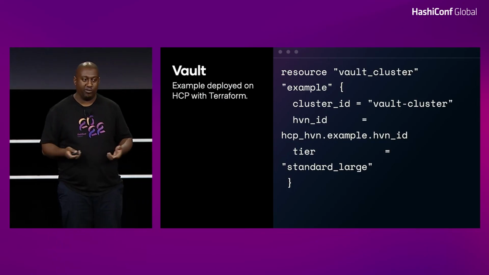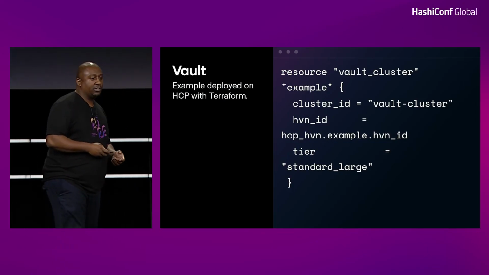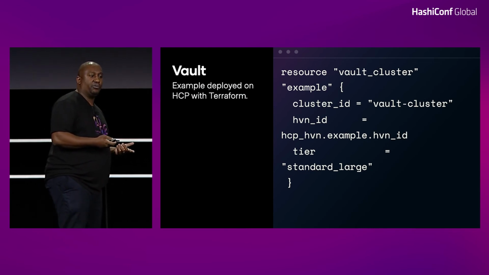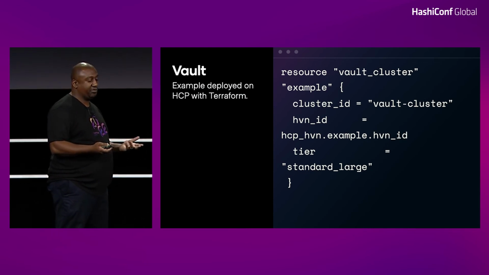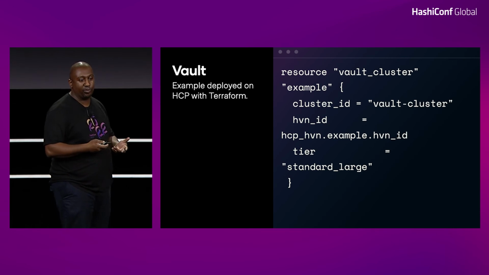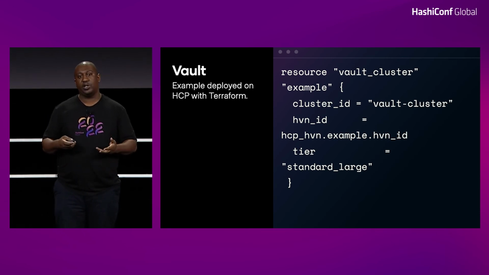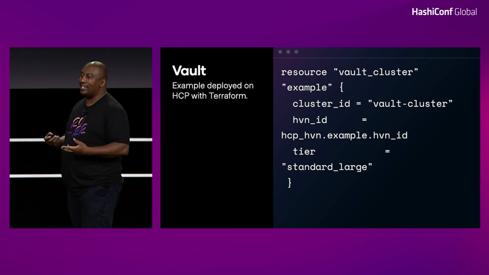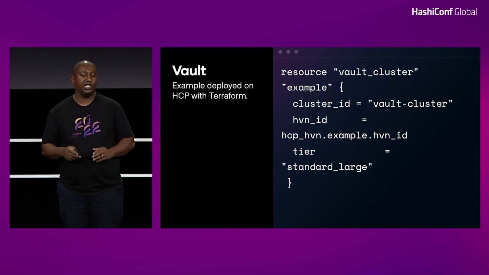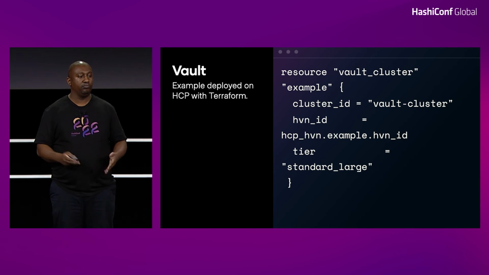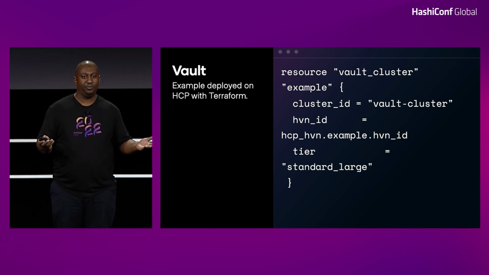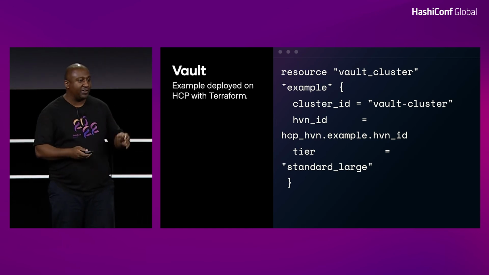We have HashiCorp virtual networks, right? So we can just tell Terraform which HVN we want to deploy this on, and which tier we'd like to deploy. We have different tiers depending on your organization size and your needs, right? But again, the point is, in just a few lines of code, you have Vault. It's amazing. I haven't even had to cut this down.